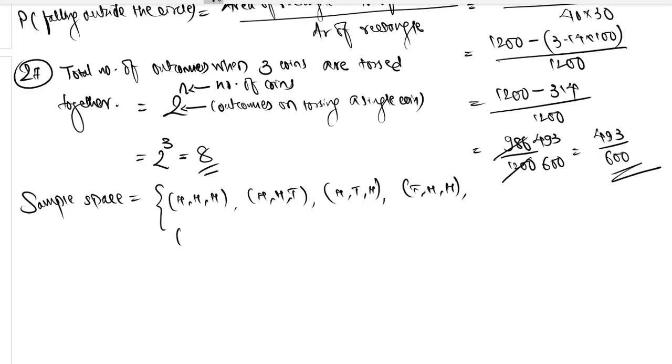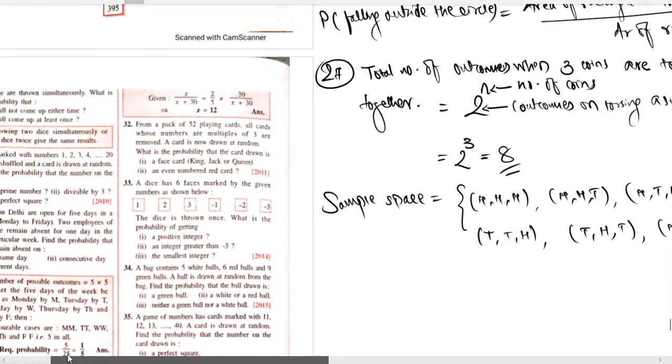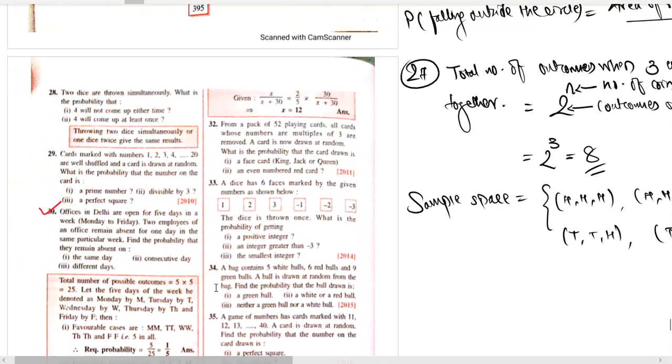Right? I will increase the number of tails now. T, T, H, T, H, T, and H, T, T. Right? And last one is T, T, T. So these are all the possible outcomes where three coins are tossed together.